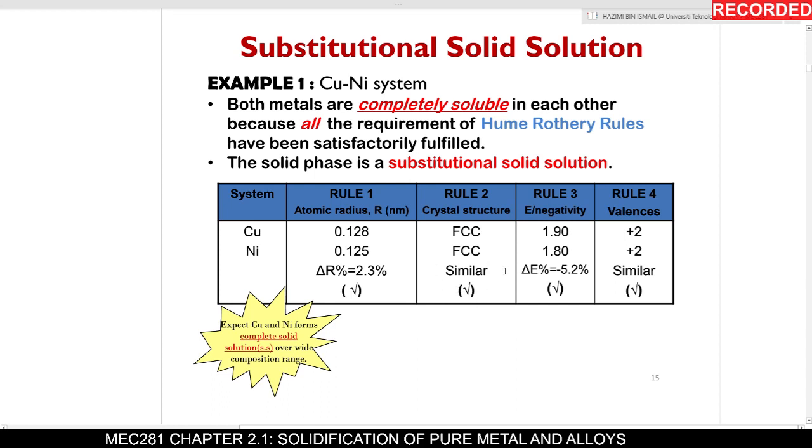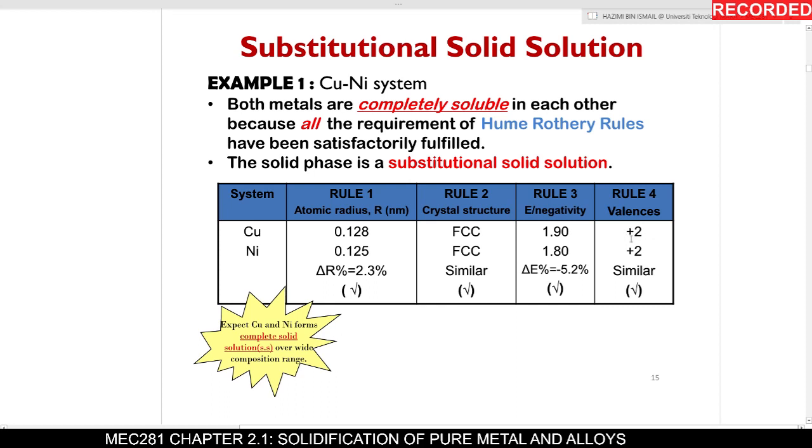So it satisfies the second rule. Rule 3 is electronegativity. The difference in electronegativity is only about 5.2%, and the valence electrons are also +2 and +2.